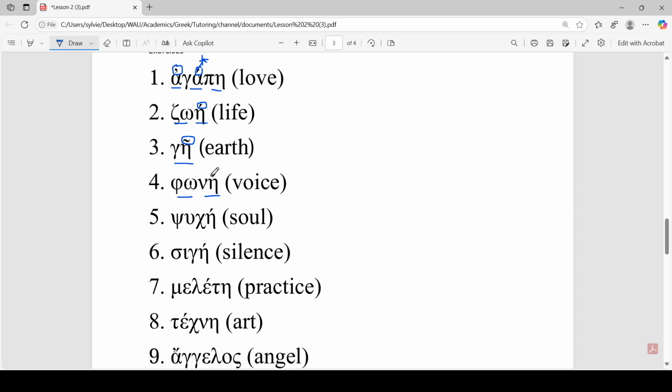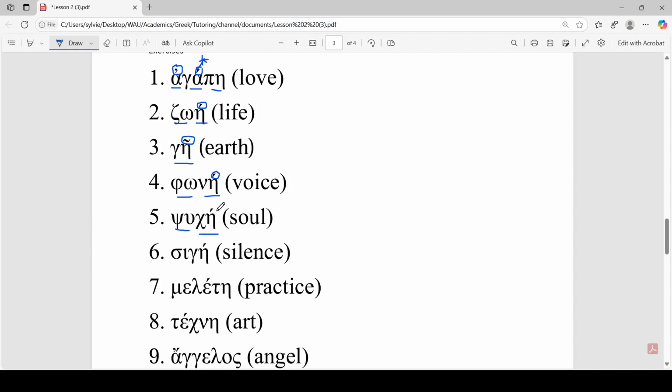And what else do we see? We see this acute accent here that tells us the last syllable is accented and should therefore be pronounced with a higher tone. So the pronunciation will be phone, phone. It means voice.